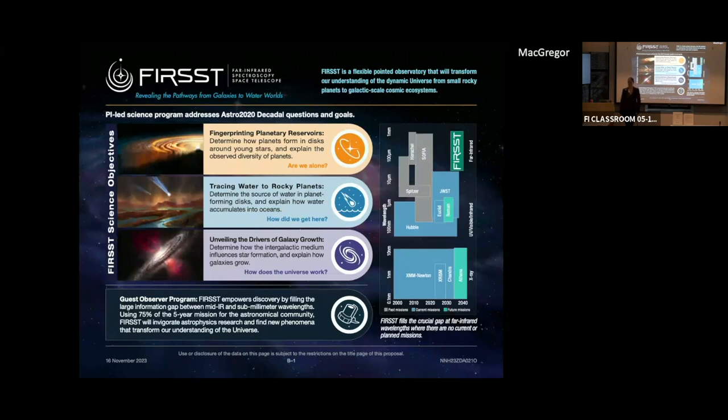The last space observatory in the far infrared was Herschel, which ended in 2013. And then there was SOFIA, which was the flying plane of a far infrared observatory, which is very cool, but not really sensitive enough to do a lot of science, and it ended last year anyway. So there's actually nothing.